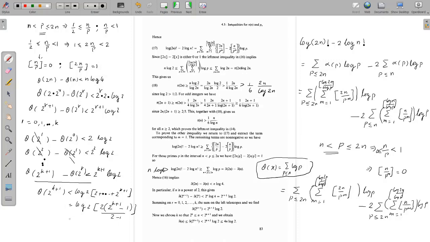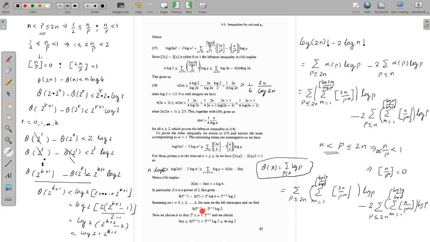So this is equal to log 2 times 2 to the power k plus 2 minus 2, which is always less than log 2 times 2 raised to k plus 2. That means theta of 2 raised to k plus 1 is always less than log 2 times 2 raised to k plus 2. That is what we obtained here.